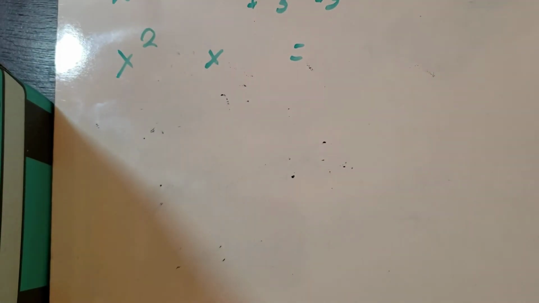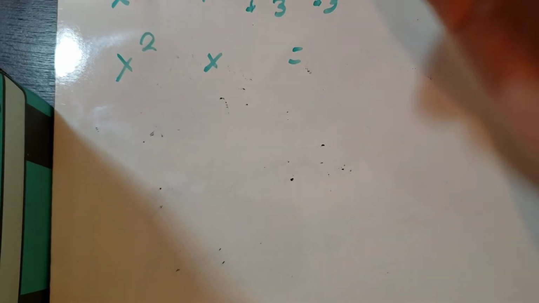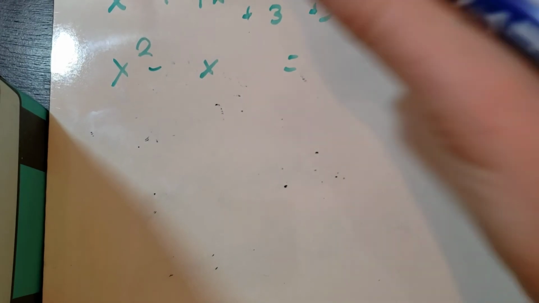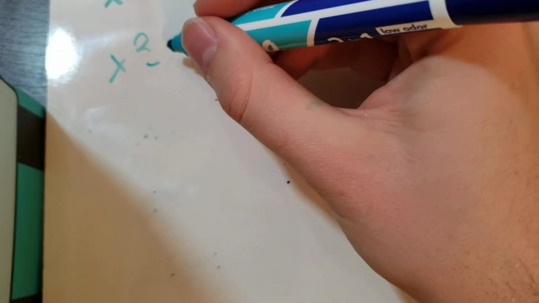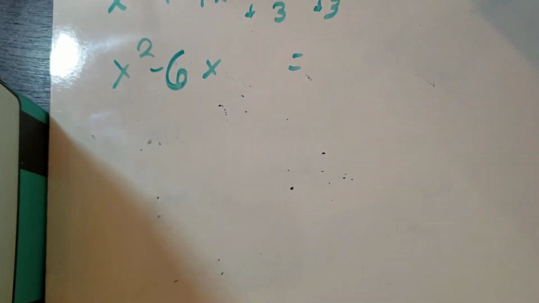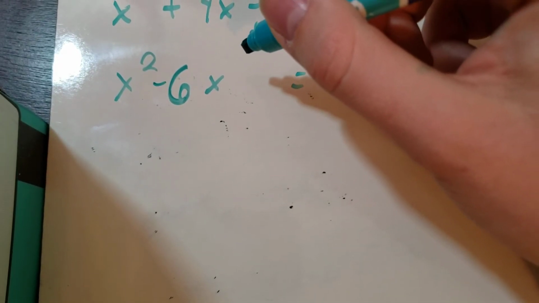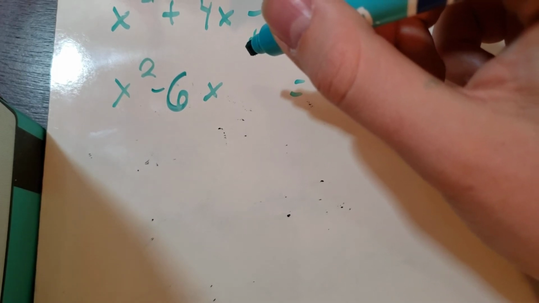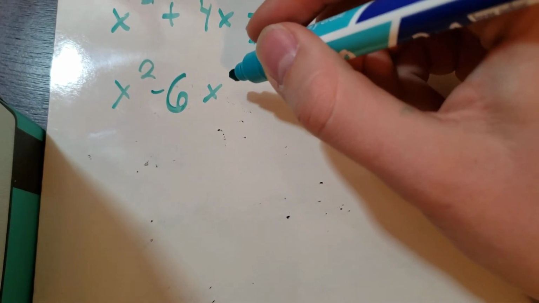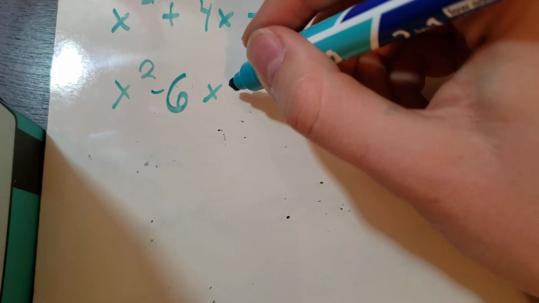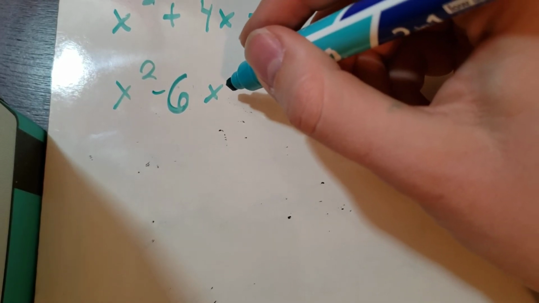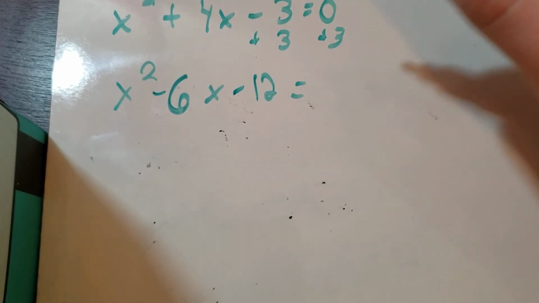Okay, so let's say we've got minus 6x, that's too easy. Minus 12. Let's say that.